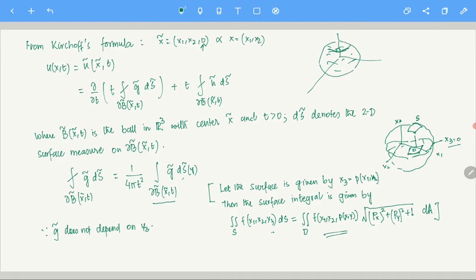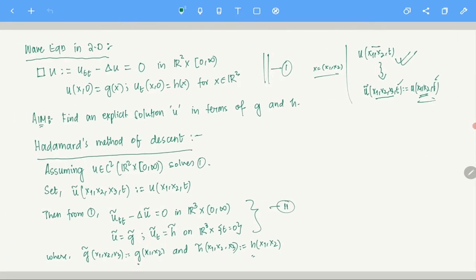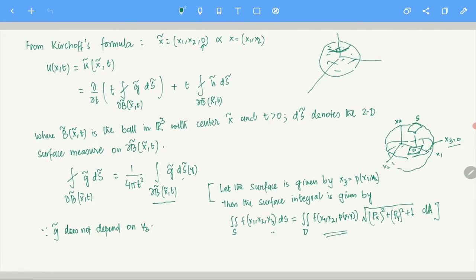So g tilde does not depend on y3. Clear? Because you see g tilde of x1, x2, x3, if you replace it by y1, y2, y3, that is independent of the third variable. So g tilde does not depend on y3.